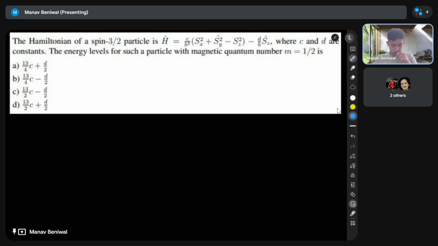So here we are given some spin system, right? So a spin 3 by 2 particle. What is the spin?